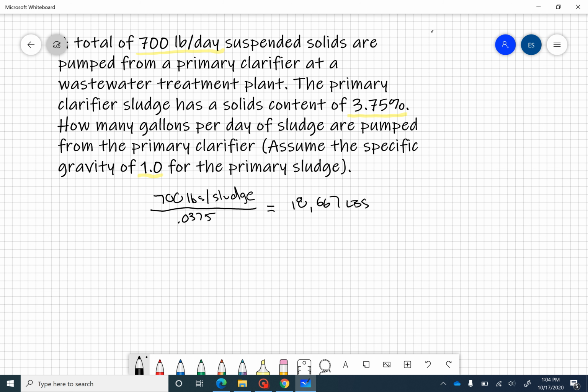So hopefully you understand that. If 700 pounds per day are removed, and that 700 pounds has a solids content of 3.75%, and this question, of course, is not really all that well written, because I would take 700 pounds a day of suspended solids just to include solid material, but in any event, I would have written the problem 700 pounds per day of sludge.